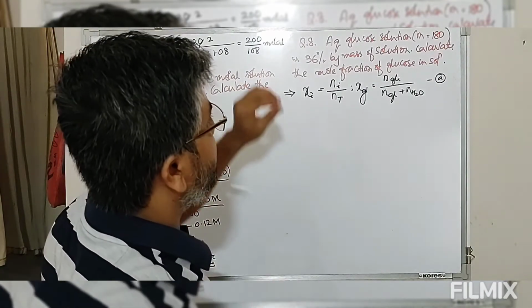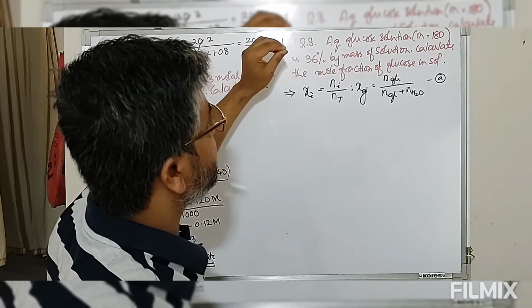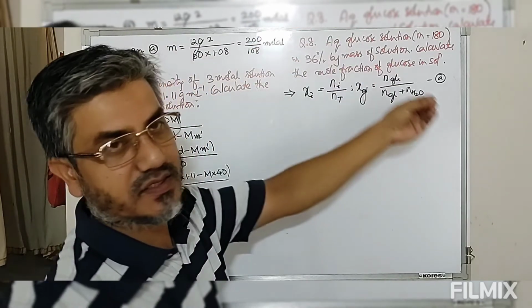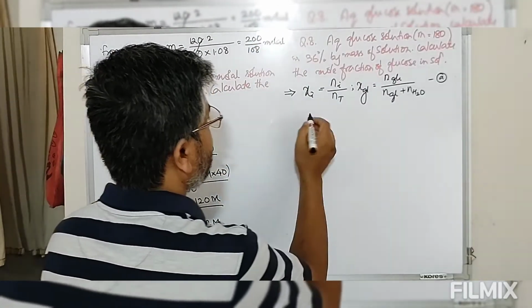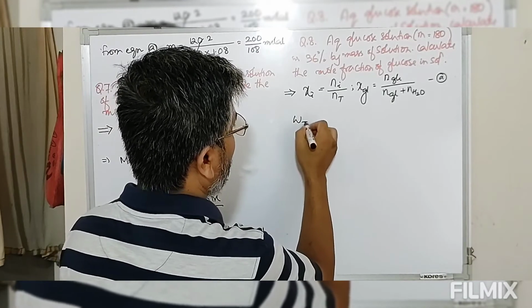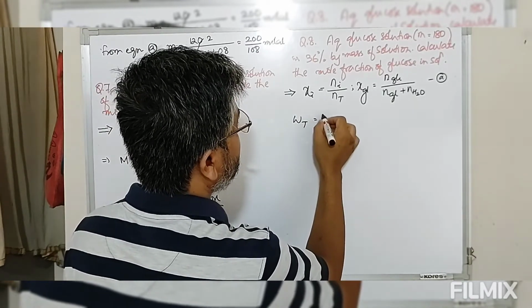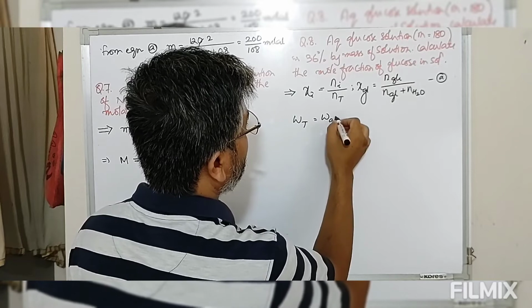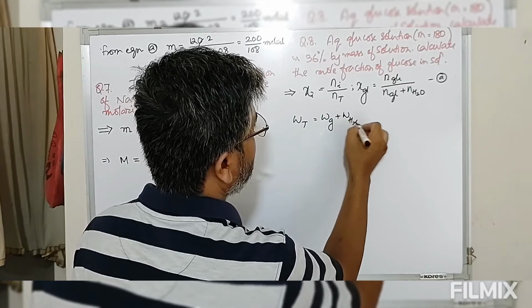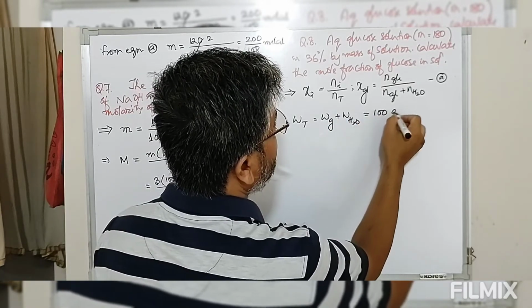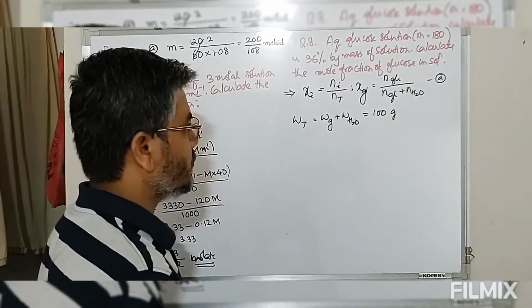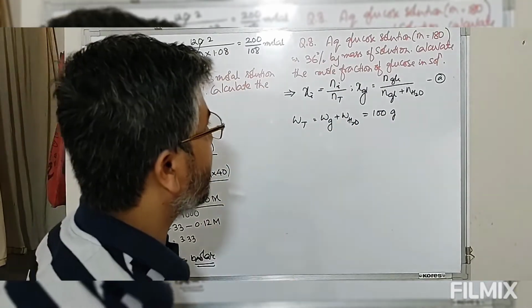Now the question says the solution is 36% by mass in glucose. So that means total mass, that is mass of glucose plus mass of water, is 100 gram. This is the meaning of the percentage. So total mass of the solution is 100 gram.